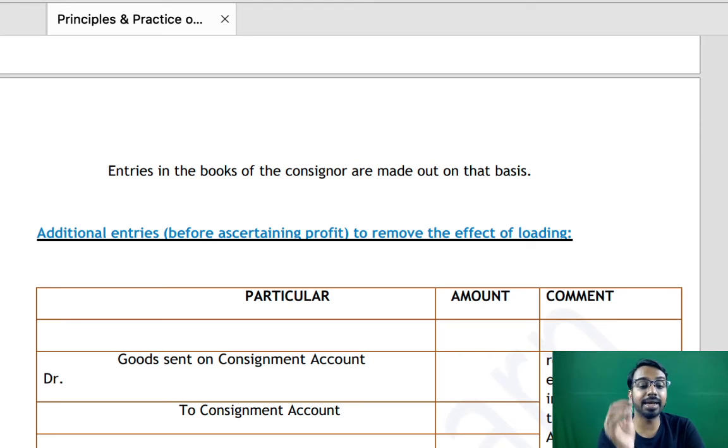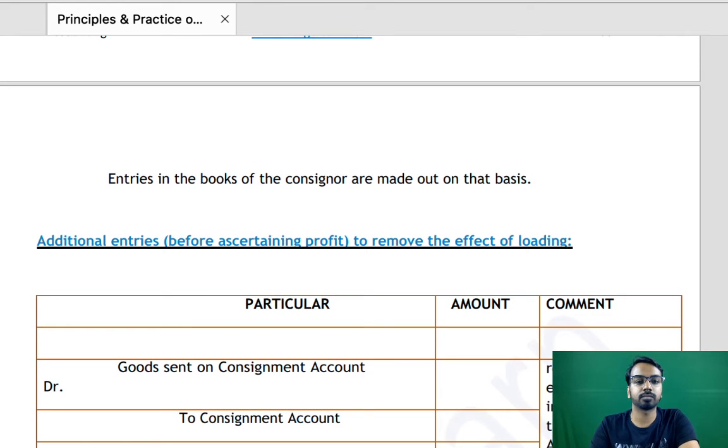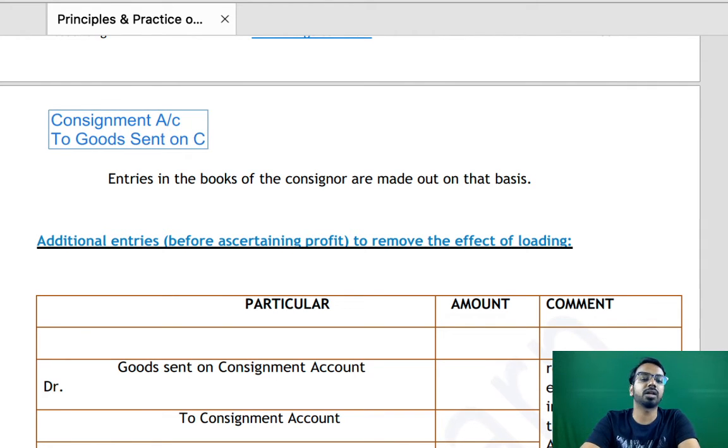So first entry, that is consignment account to goods sent to consignment account. This is the first entry we pass to goods sent on consignment account.